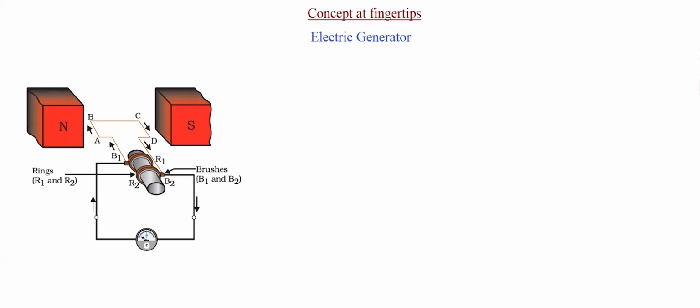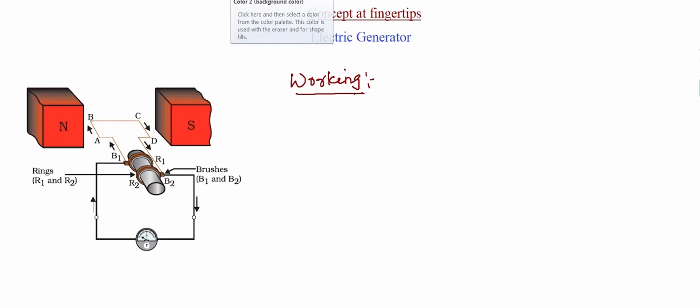Let's see the working of the electric generator. As we have seen, it works on the principle of electromagnetic induction. Here, let us first consider the side of the coil AB alone.